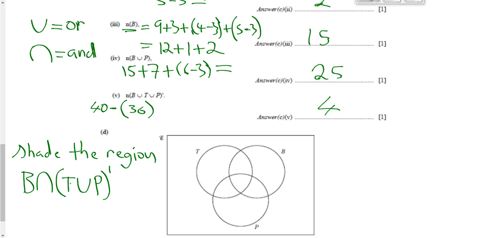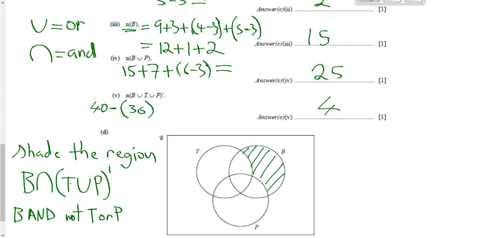So what this is saying is B and not T or P. So we've just got B here, but we don't want to worry about T or P. So it's just the B region.